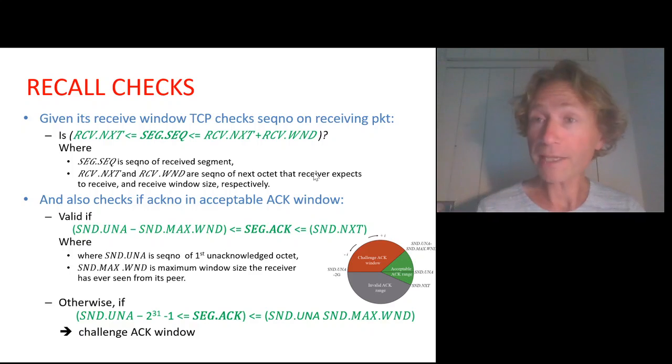If you pass that, it actually starts looking at your acknowledgement number. That has to be in the acceptable acknowledgement window.